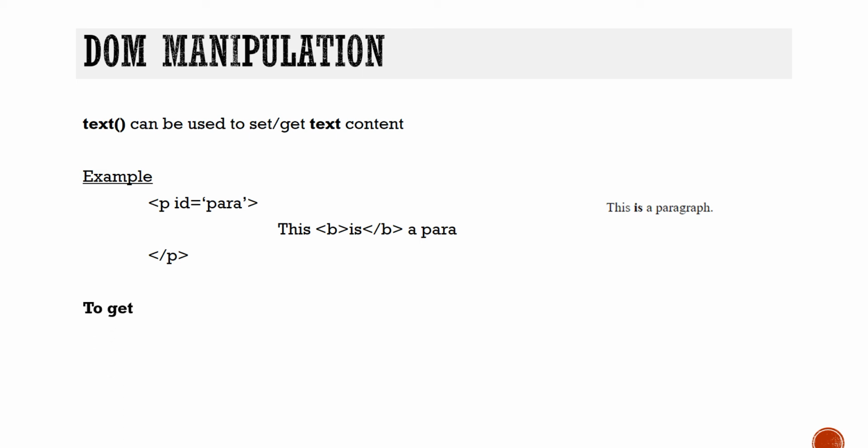To obtain the text content inside of any given HTML element, we simply use the text method. Just like in the previous slide, we learned about the HTML method, likewise, we have the text method, which can be used to obtain the contents as text, provided the specifier. In this case, pound para.